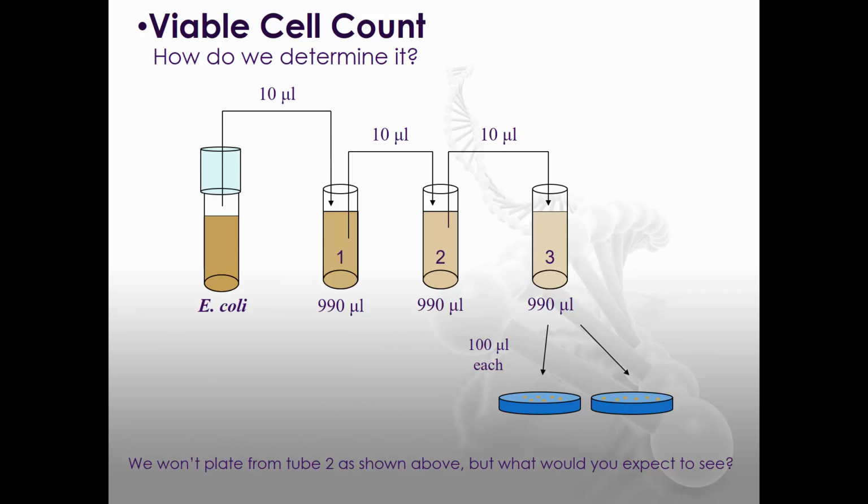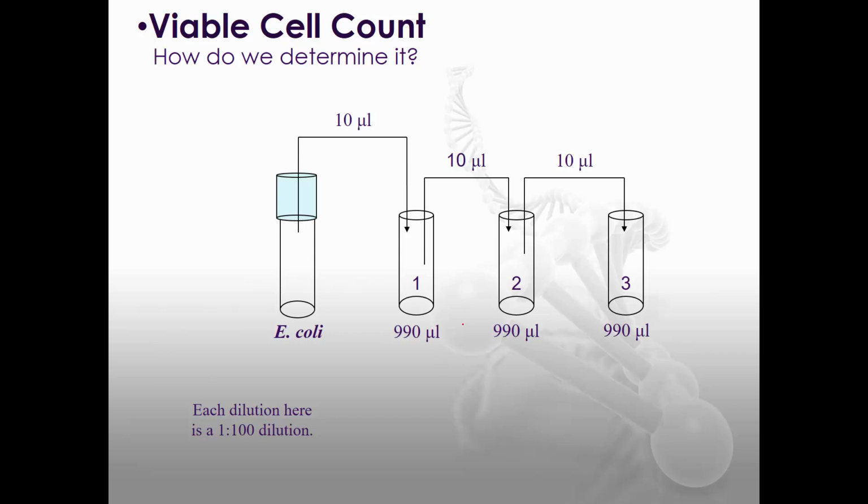So this is what you actually did. And so what is each one of these dilutions? Can you go back and figure out that math? Well, each one of these dilutions is a 1 to 100 dilution. Here's how you figure out a dilution.